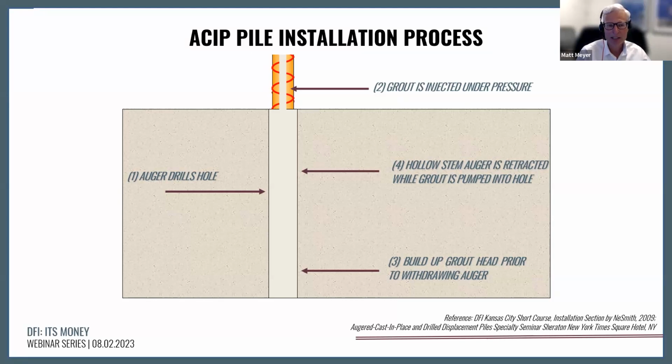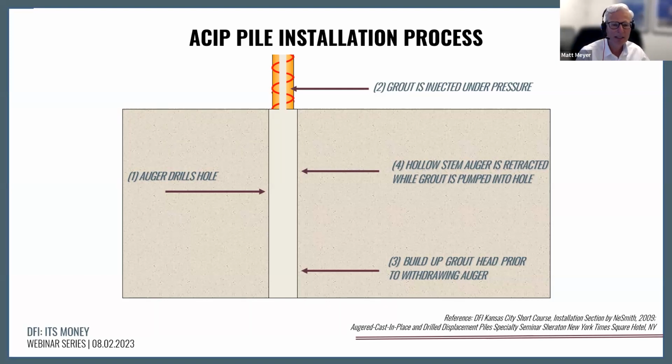It is injected all the way down to the tip of the auger without extracting the auger. The cork or plug on the bottom of the auger is blown from the pressure that's induced inside of the continuous flight auger. A head of grout is built up above the tip of the auger, a specified amount based upon maybe a particular geology.